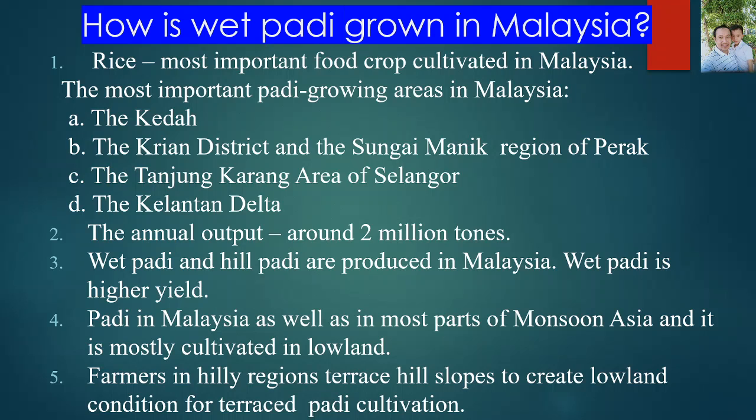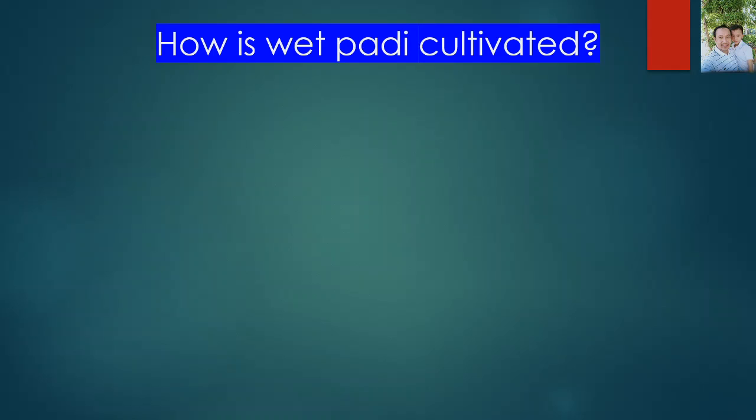Move on to the next slide. How is wet paddy cultivated? There are some methods by which wet paddy is cultivated in Malaysia. If we talk about our country, there is plowing before we plant rice in the fields.